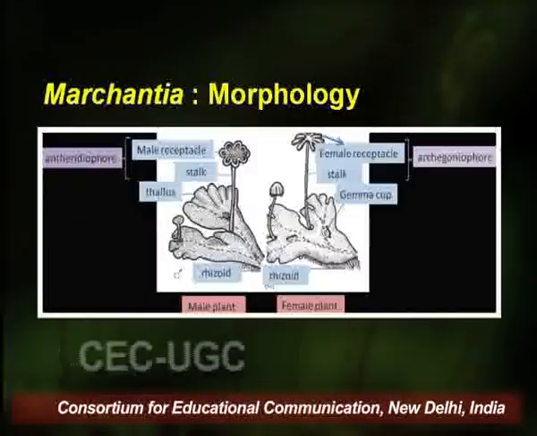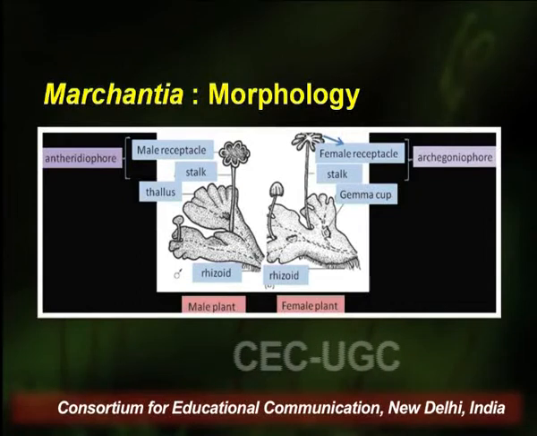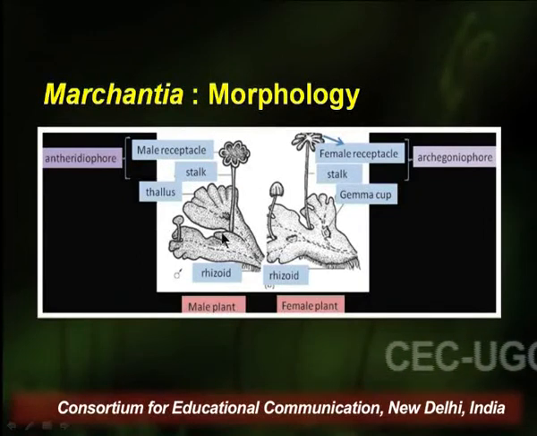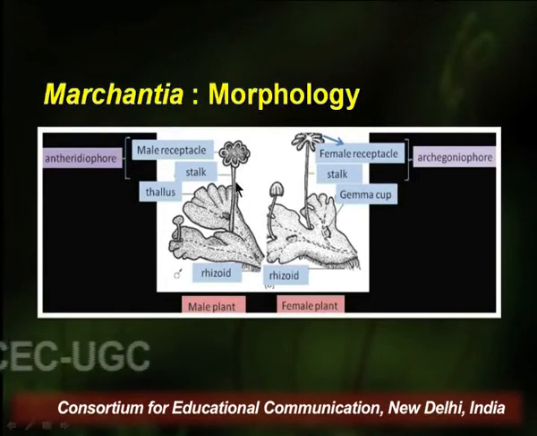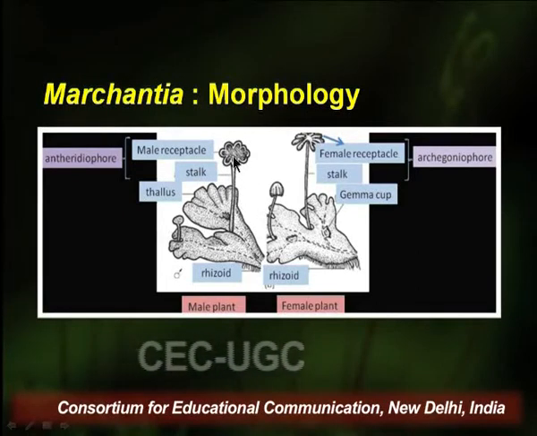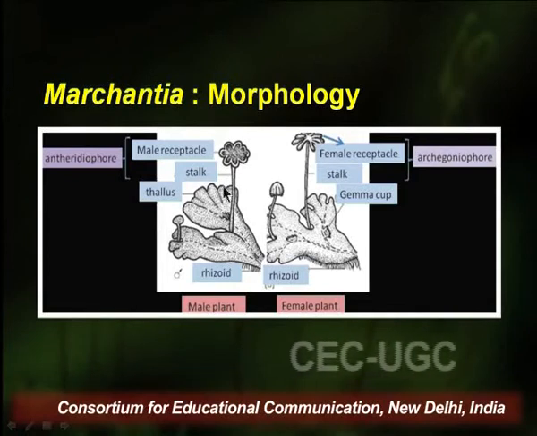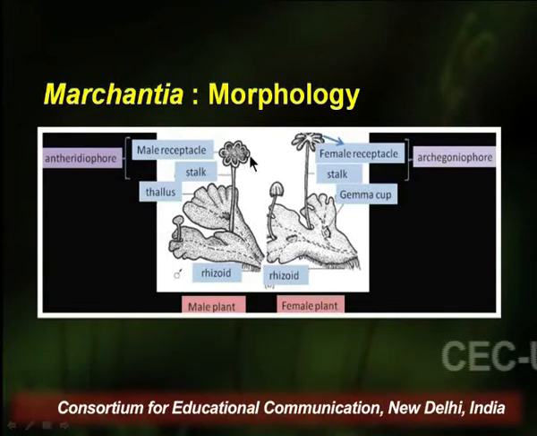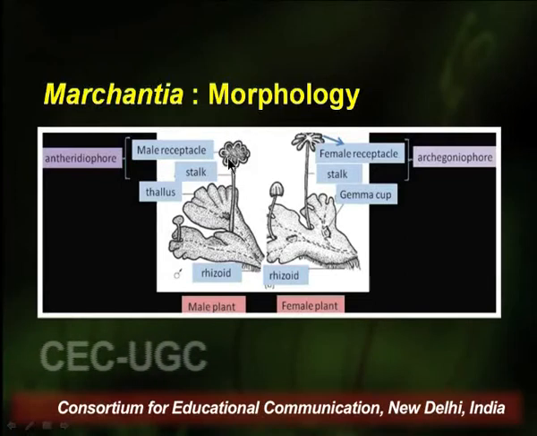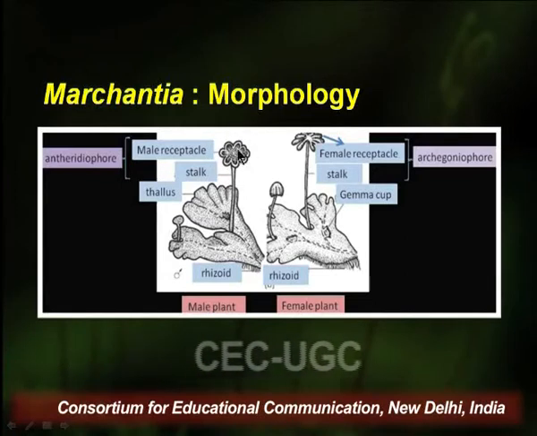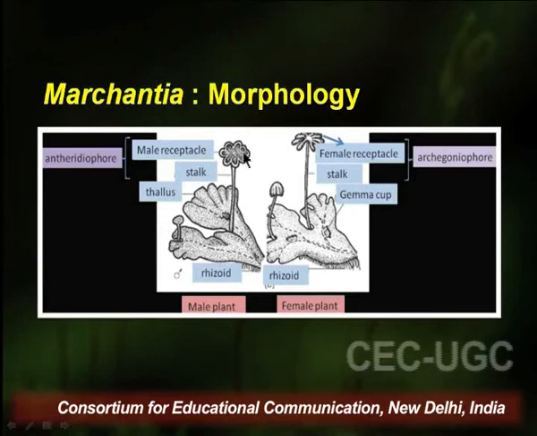Here you can see in the diagram that a male thallus will bear a male receptacle which is standing on a stalk, which is called antheridiophore. The disc-shaped structure of the male receptacle will bear numerous antheridia on its surface.